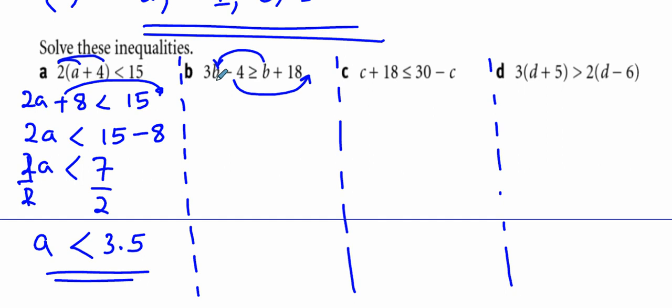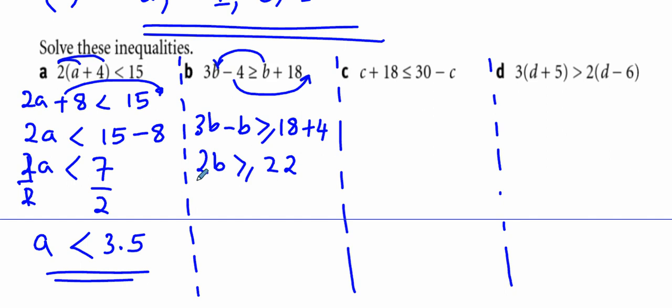So this will be 3b minus b, greater or equal to 18 plus 4. Now 3b minus b is 2b, greater or equal to 18 plus 4, which is 22. Divide by 2, divide by 2, this will be b is greater or equal to 11.